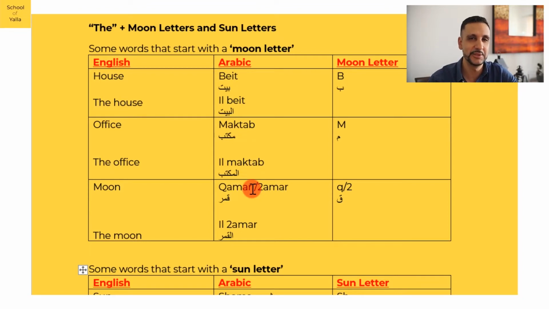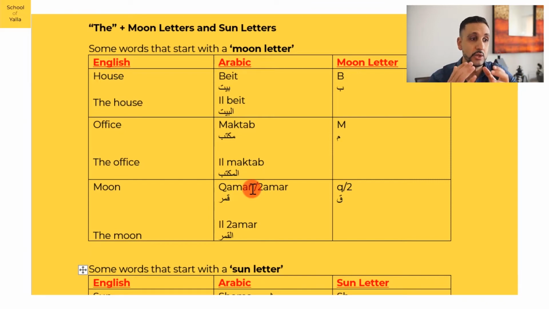It's a little bit difficult to master at the beginning, so don't worry if you're not getting the sound. But just so you know, anything starting with a qa sound, we pronounce the il or al fully.